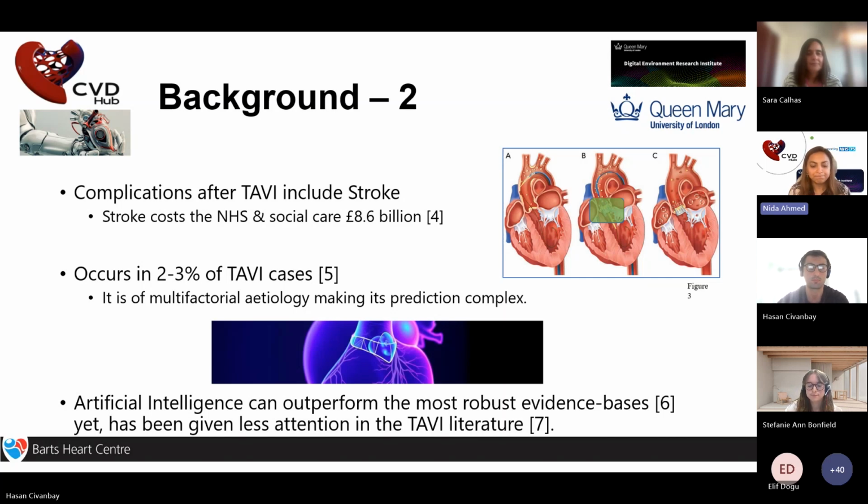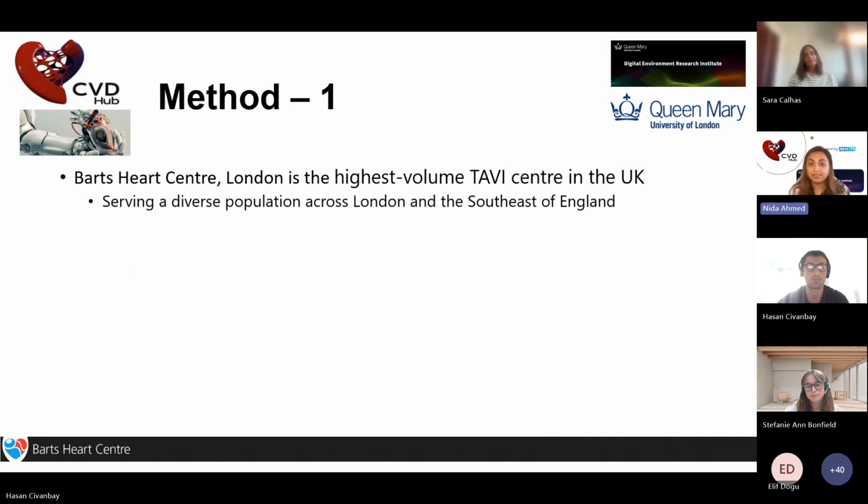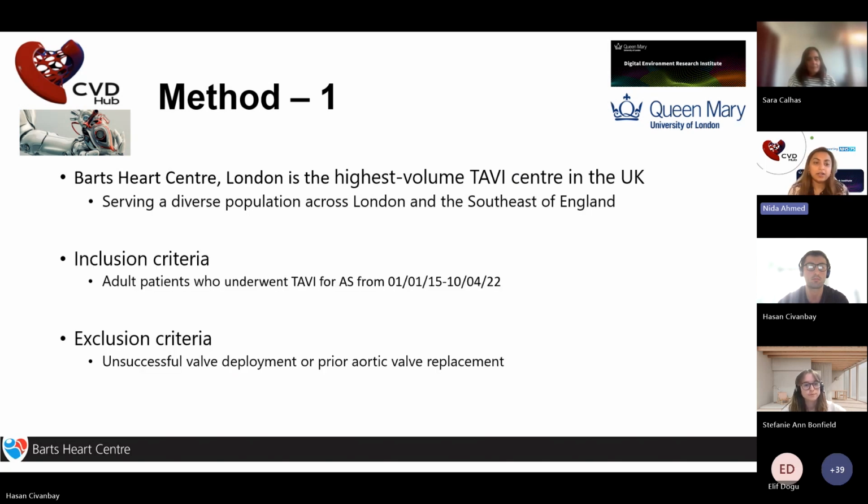Next slide, please. So Barts Heart Centre is the largest TAVI centre in the UK, and it serves a diverse population of London and southeast of England. Next, please. Our inclusion criteria was quite open: anyone who had a TAVI from 2015 to 2022, and we only looked at adults. The only exclusion criteria we kept was if there was unsuccessful valve deployment or they had had a prior aortic valve, because that kettle of fish is different.